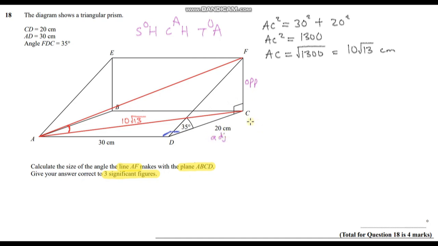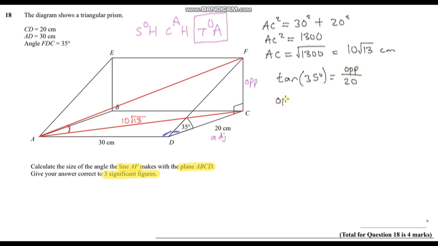So which trig function involves the opposite and the adjacent? Well, it is the tan function. So we're going to use the tan function to work out FC. So let's just write down the definition of tan. So the tan of an angle, in this case our 35-degree angle, is going to equal the opposite divided by the adjacent, which we know is 20. So now to work out the opposite, we can just rearrange this formula.